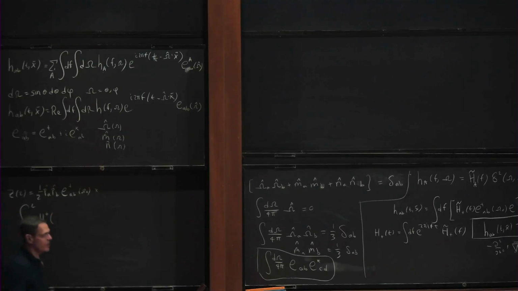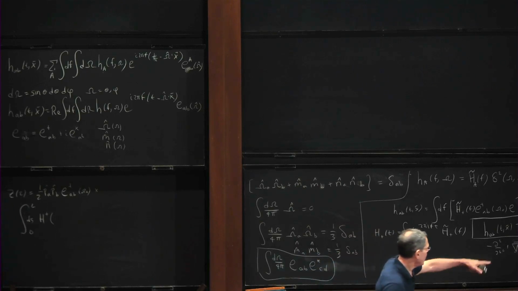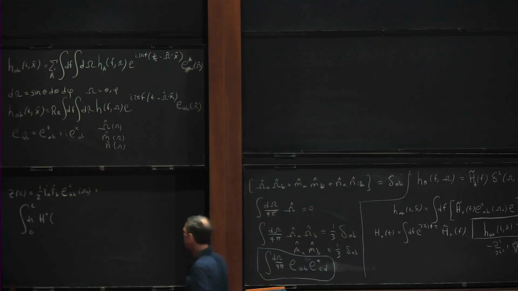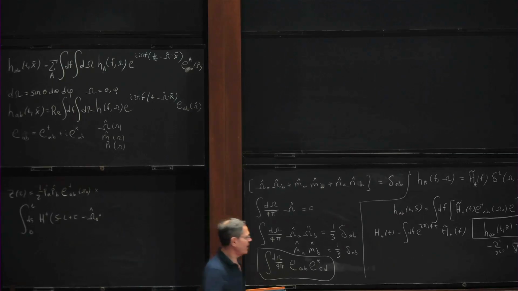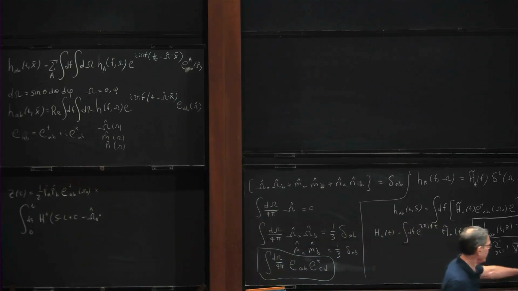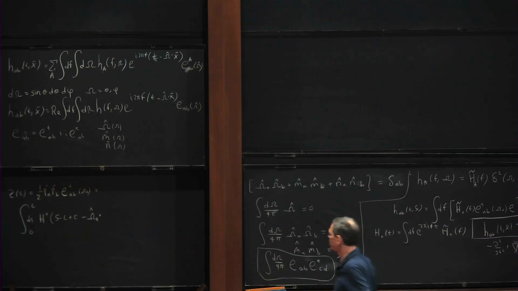And now what's the argument going to be? The argument here is t, so that's s minus L plus tau, and then minus omega 0 hat dot x, and x is L minus s times p hat.